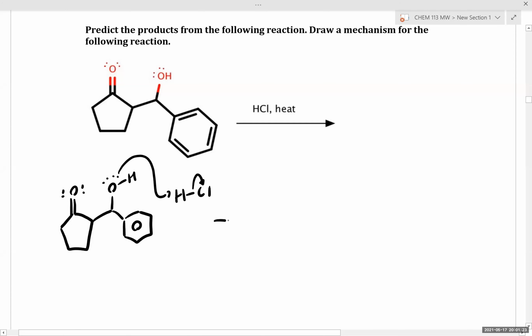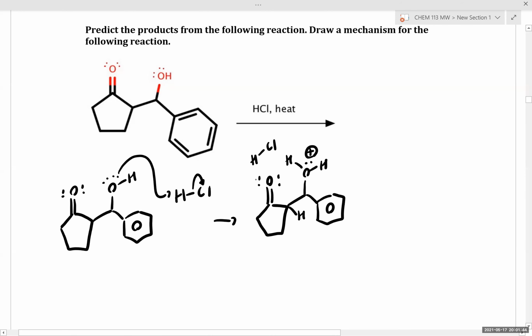The first thing that's going to happen is we're going to protonate our basic functional group. From here, we've now activated our leaving group via protonation. For our next step, we're going to tautomerize our ketone to the enol tautomer.